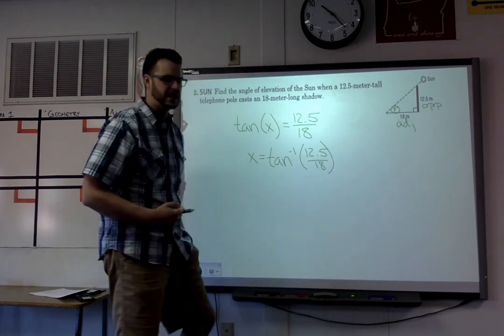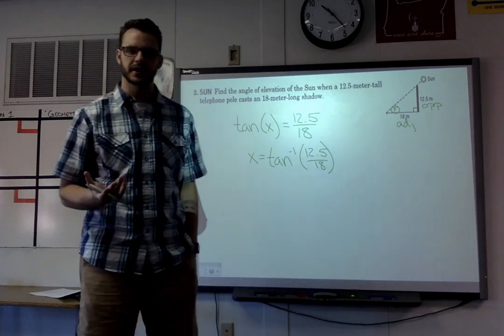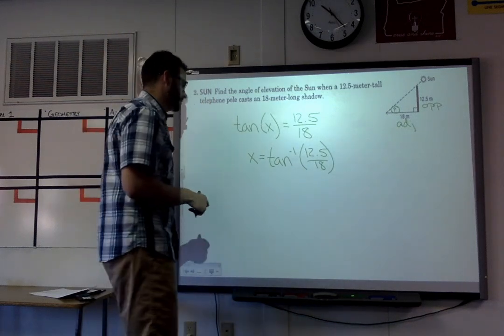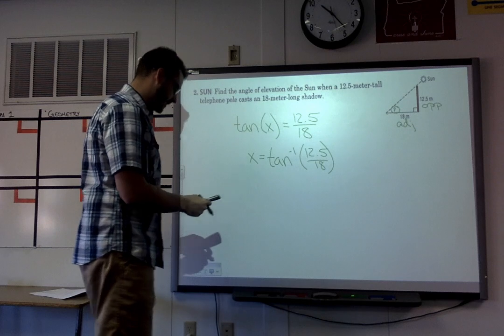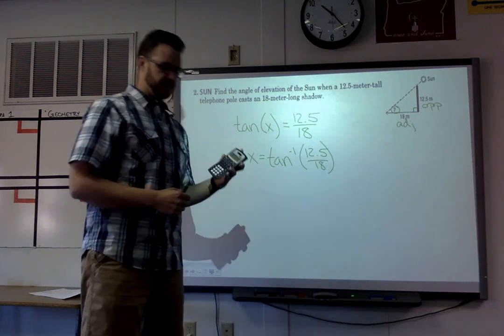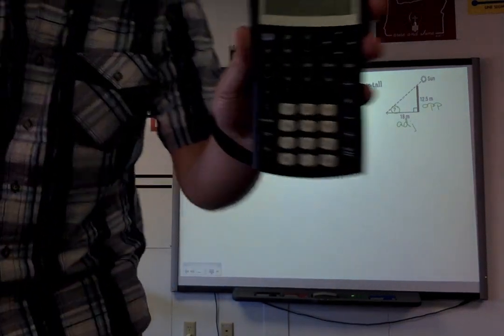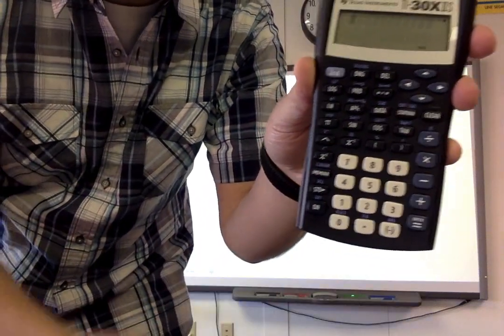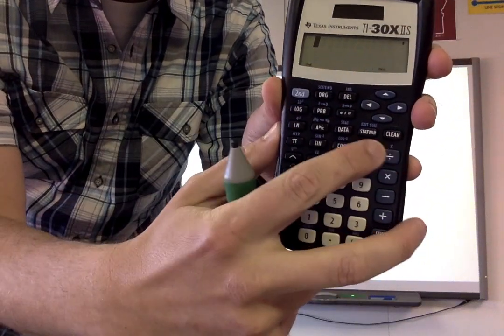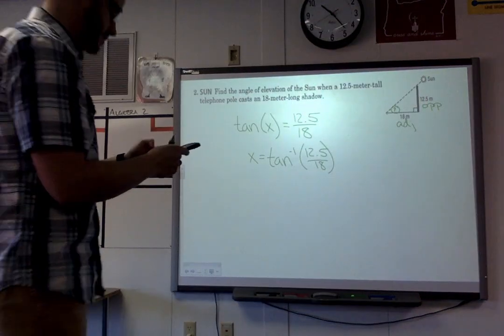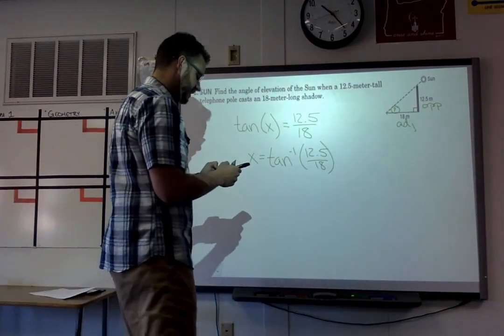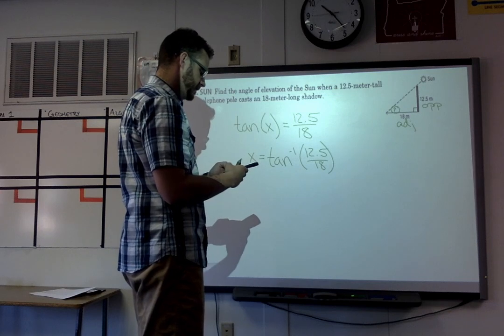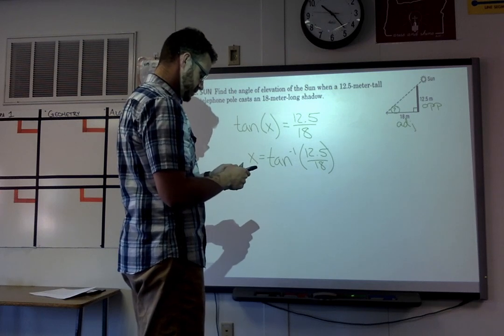Now, tangent to the negative first, we can call that the arctangent or the inverse tangent. So then all we have to do is, again, on our calculators, you see on this calculator, I've got my tangent button, and right above it is tangent to the negative first. So I'll go second tangent, and then put 12.5 divided by 18. Oh, it didn't do it all.